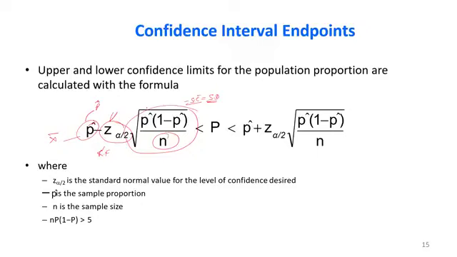Let's suppose out of 100, 25 people can speak English, then P hat would be 25%, which is 0.25. Then 0.25 into 1 minus 0.25, which is 0.75. I'll take the product of these two, 0.25 into 0.75, and then divide by 100. That would be my variance. Here in this case, the standard deviation is the square root of the variance. That's all.